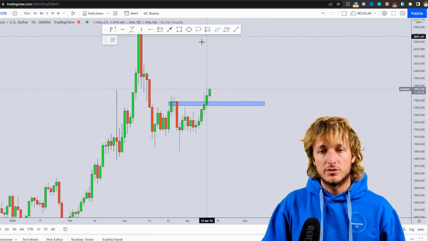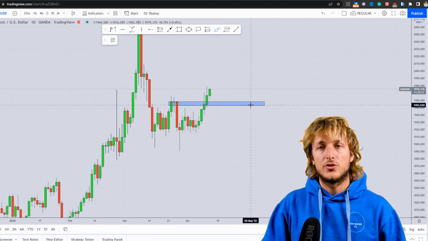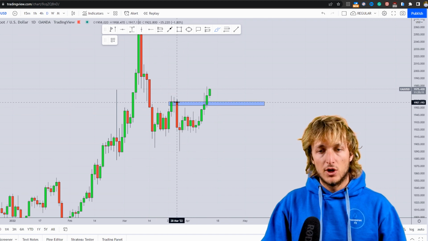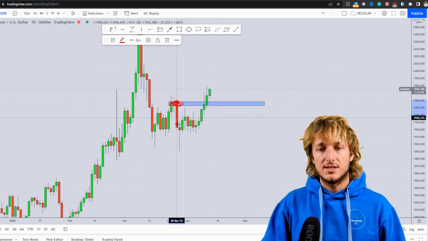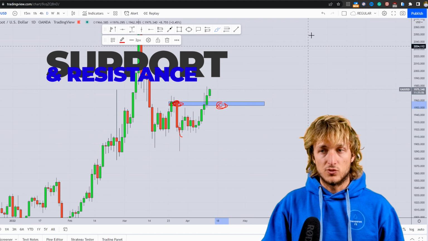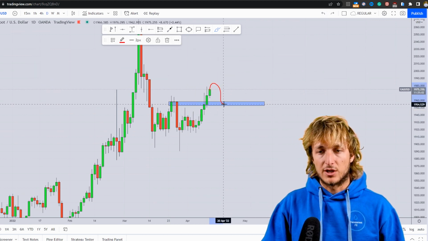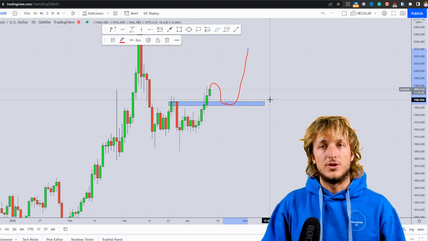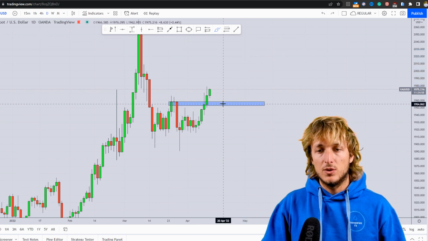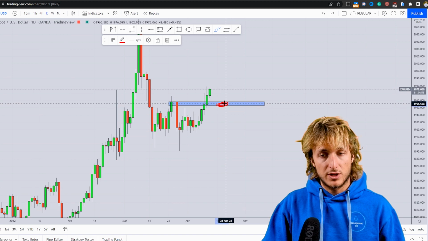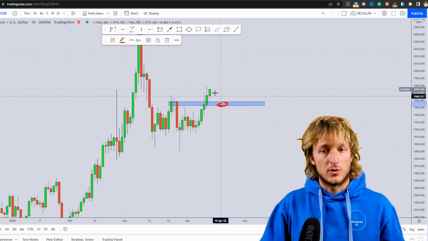And if we look closely, we can also see that this 0.382 is currently lining up with this area of previous daily resistance, which is now turned support here. So an area that, once again, we could expect this market to go and test before then rejecting it to the upside, because clearly we do have strong demand and support here and also strong liquidity.